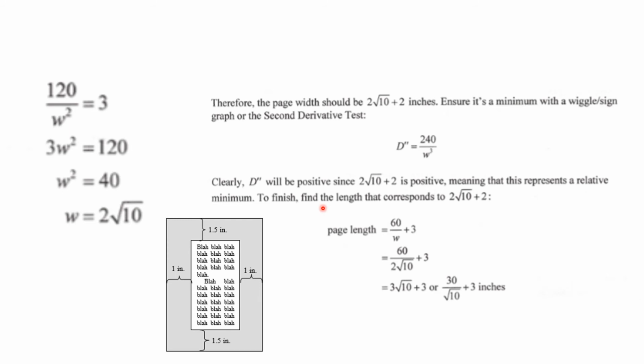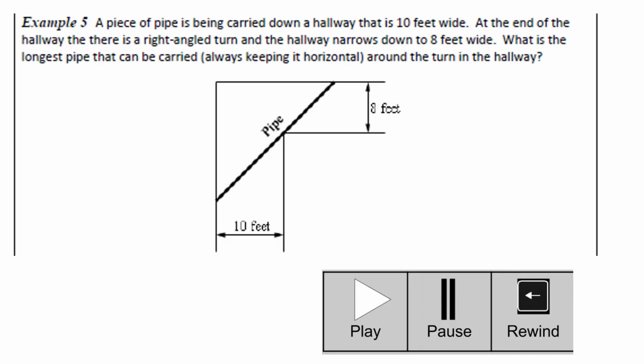To finish the problem, you need to find the length that corresponds to that. So we go back to our equation expressing the length in terms of the width, substitute in, and we get that the answer for the page length is 30 over the square root of 10 plus 3. Some of my students would say that's the ugliest number they've ever seen in their life, but there are no ugly numbers, just like there are no ugly babies.